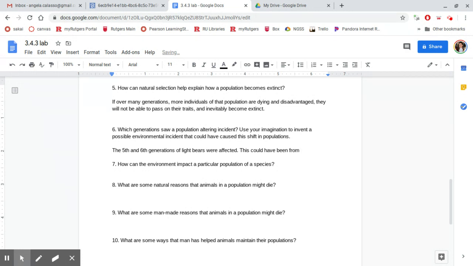So now let's think why light bears would be affected. So let's say that maybe there was a lot of pollution in the area that turned it a lot darker. So now these lighter bears are going to stand out.